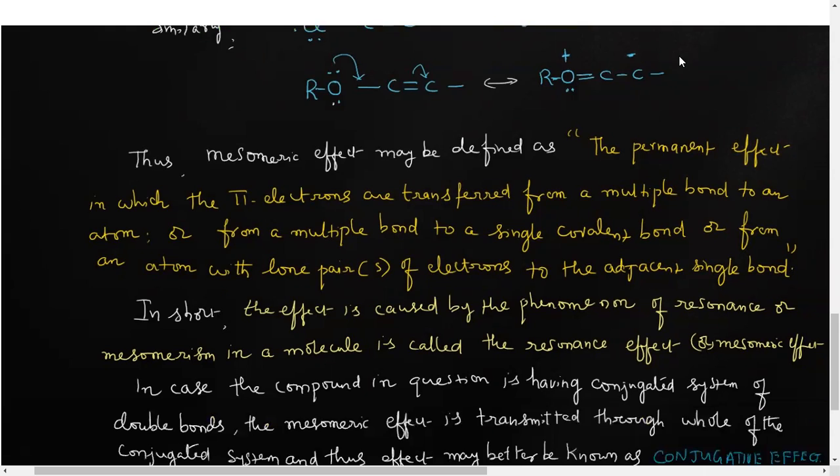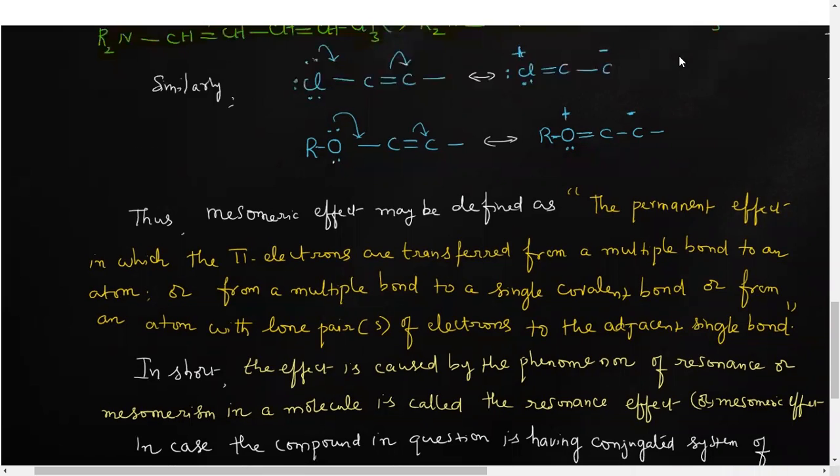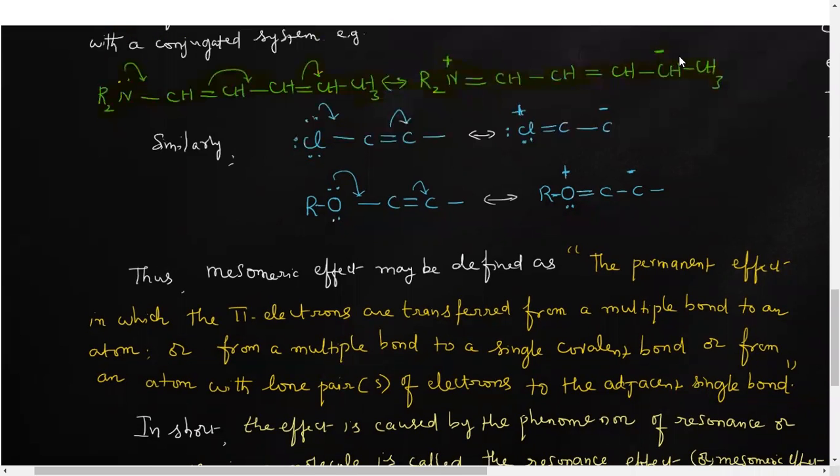In short, the effect caused by the phenomenon of resonance or mesomerism in a molecule is called the resonance effect or mesomeric effect. Here we are showing double-arrowed marks in the equations and structures.